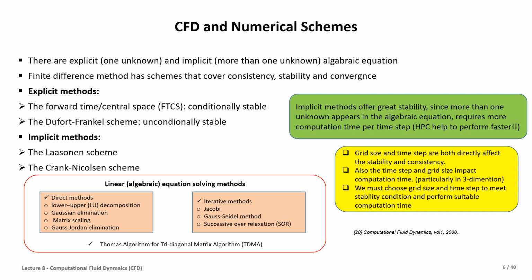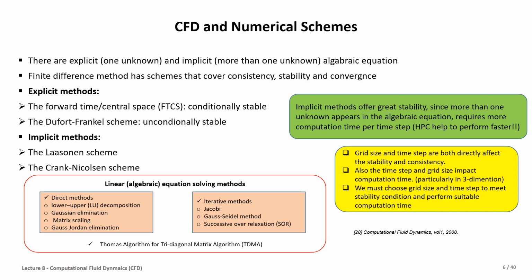There are direct methods, like lower-upper decomposition, Gaussian elimination, matrix scaling, and Gauss-Jordan elimination, and also iterative methods: Jacobi, Gauss-Seidel, and successive over-relaxation, which is called SOR. Also, we have the Thomas algorithm for tridiagonal matrices, called TDMA. These are different methods we need to have in computation.